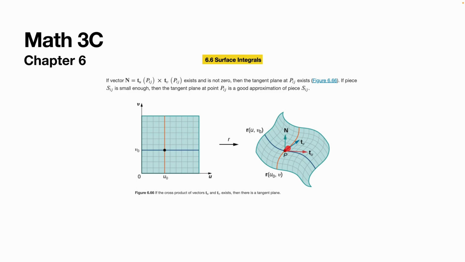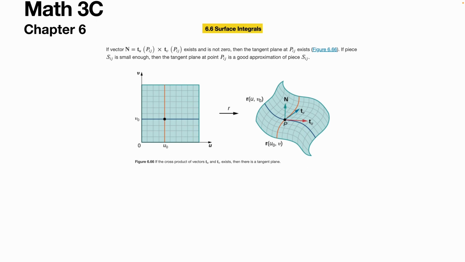And if we use that the plane is going to be given by this vector and this vector, then this small patch over here in the domain would get mapped to a small patch over here, which will have area very close to the area of the parallelogram formed by these two vectors, scalar multiplied by delta U and delta V.